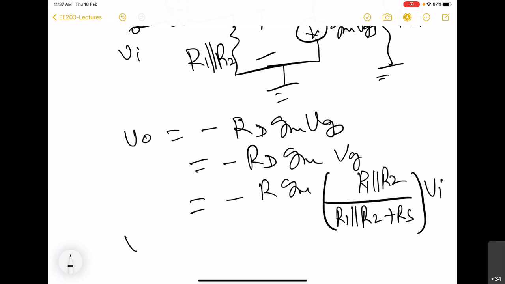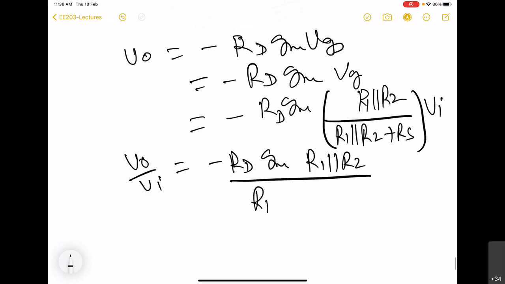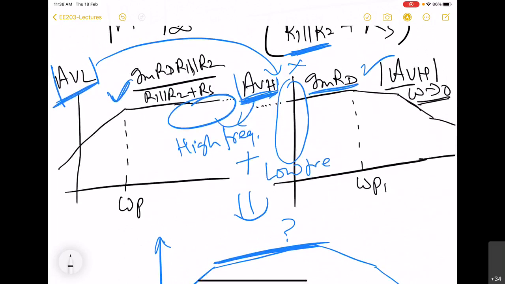So now from here you can find out VO by VI, which will be minus RD GM R1 parallel R2 divided by R1 parallel R2 plus RS. So here we see that we get exactly the same factor, the same value that we got for the low frequency response, right?